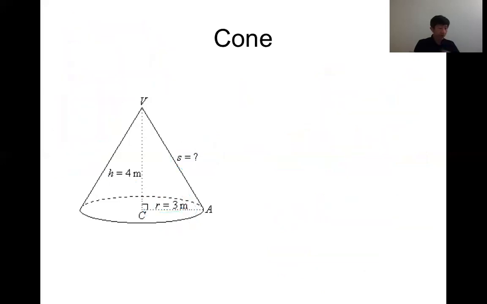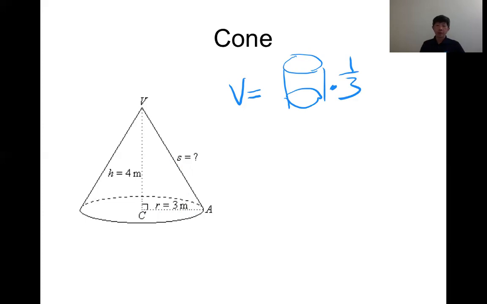Now what about volume? Remember that the volume of a cone is 1/3 of a cylinder. The cylinder is the bottom, which is the circle, times the height.